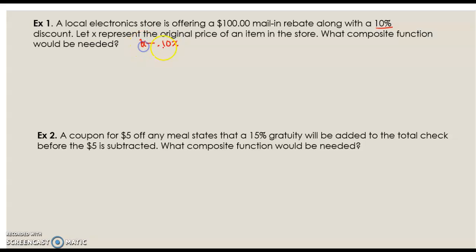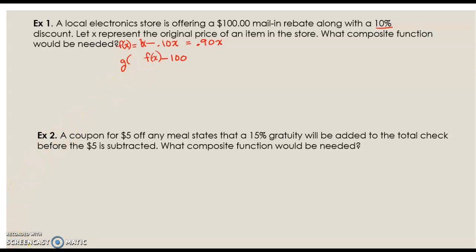So you'd have X minus 0.10X, which would be 90% of the price. That would be the first function that you'd be dealing with, taking 10% off the item. The second thing that you'd be doing is taking $100 off of the price once you got it.